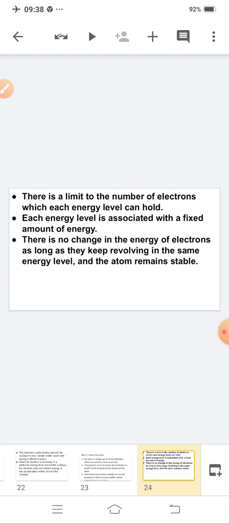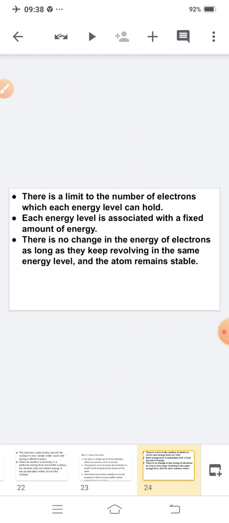Each energy level is associated with a fixed amount of energy. The shell nearest to the nucleus has the minimum energy, and the shell farthest from the nucleus has the maximum energy.